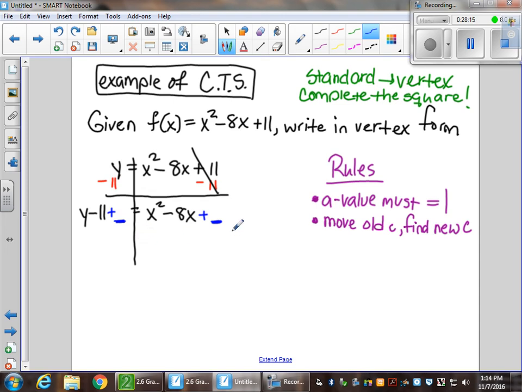Now we're ready to find our C value, which we practiced in our last two. So we're going to take the B value, which is negative 8, divide by 2, that's negative 4, squared is 16. If I add 16 to this side, I have to add 16 to this side.